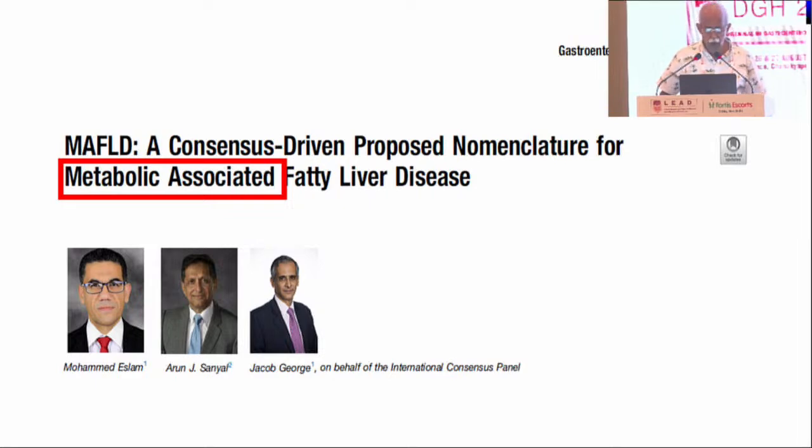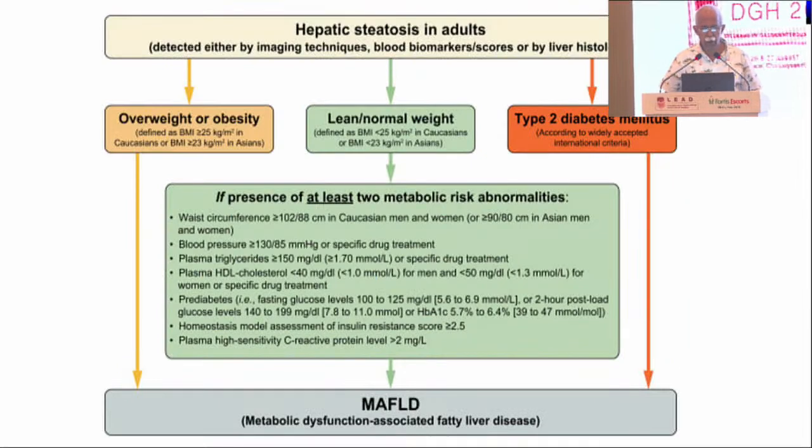But no sooner was this published, there was a split in this group. There was a split, and a big chunk just walked off. This was their definition of MAFL. A person should have hepatic steatosis, should be overweight or obese, or have diabetes mellitus, or if he is lean or has a normal weight and has fatty liver, then he should have at least 2 of the 7 factors.